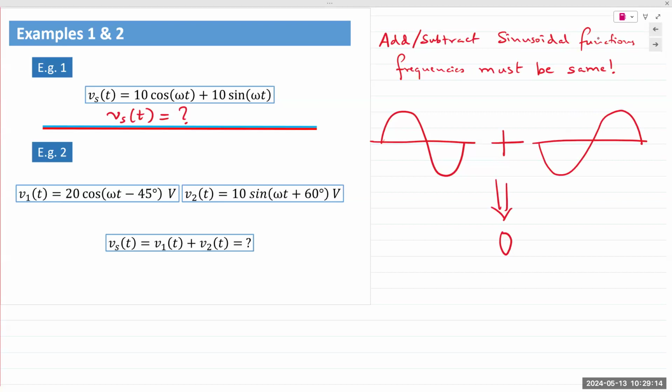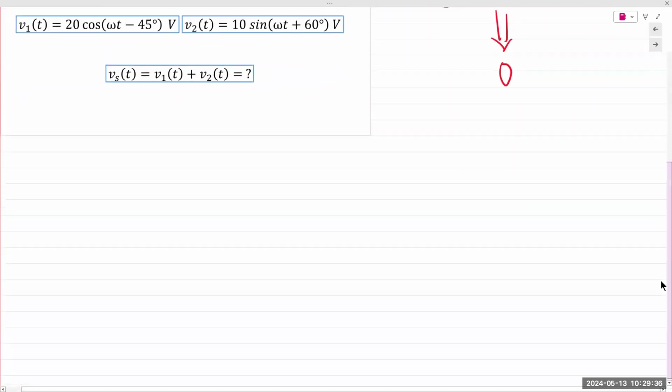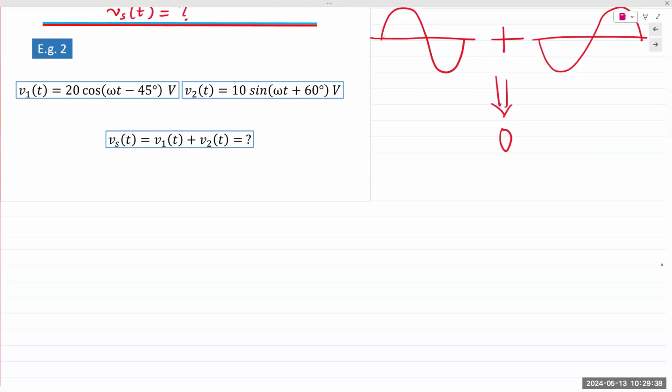There's a microphone that captures the surrounding audio signals, inverts the phase by 180 degrees, and adds that signal, so it's reduced to 0. So adding 2 waveforms, mathematically, we're going to represent them using complex numbers and then perform the math.